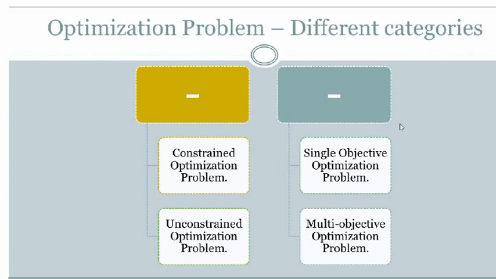And if we want to categorize by the number of objective functions, then it may be a single objective optimization problem, as well as a multi-objective optimization problem.